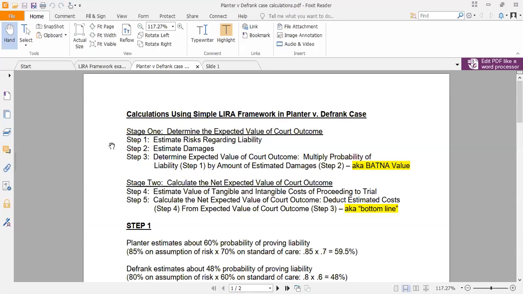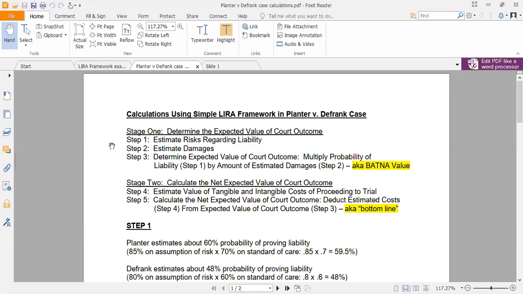Now, let me just mention in terms of where these numbers come from that were described in the facts and that we're going to work with here in this example. These are estimates that the lawyers come up with, and you're going to see that we're going to have also estimates, not only the plaintiff's calculations, but also the defendant's calculations.